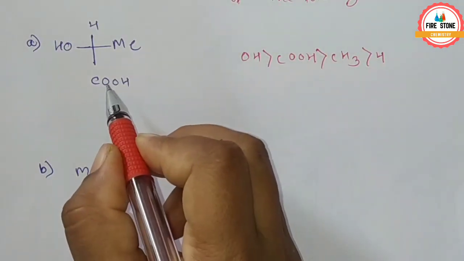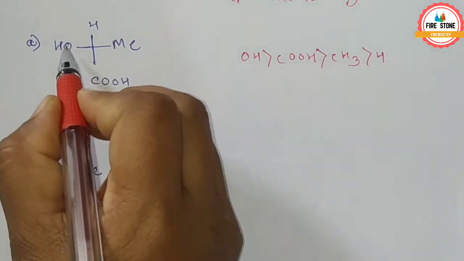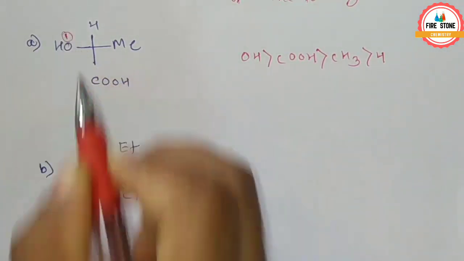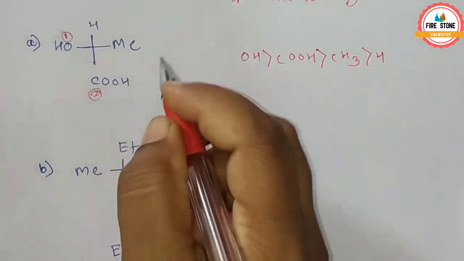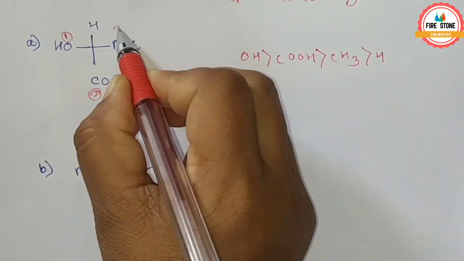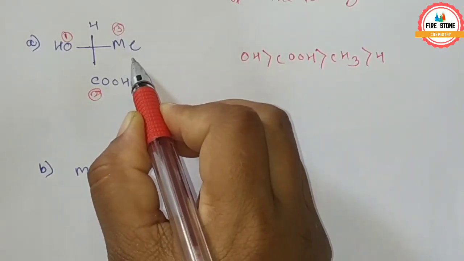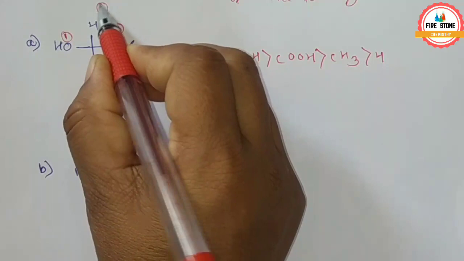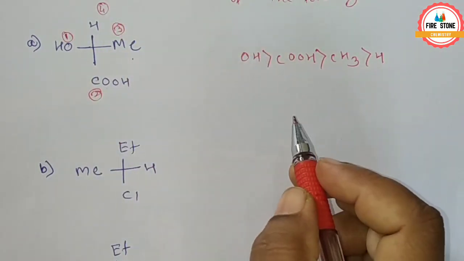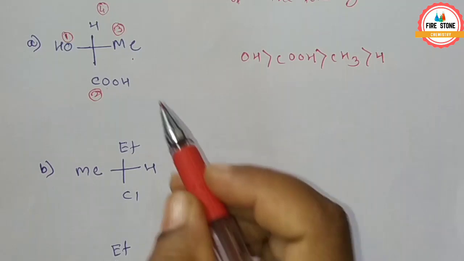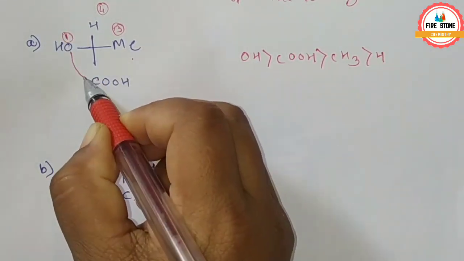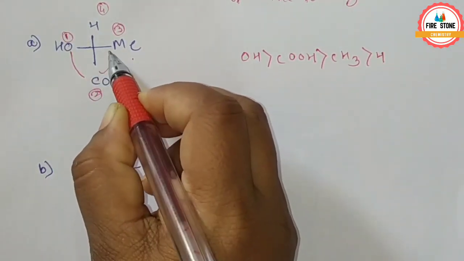So OH becomes first priority, then COOH, then third is the Me, that means CH3, and H is the fourth. So rotation from 1 to 3, 1, 2, then 3.